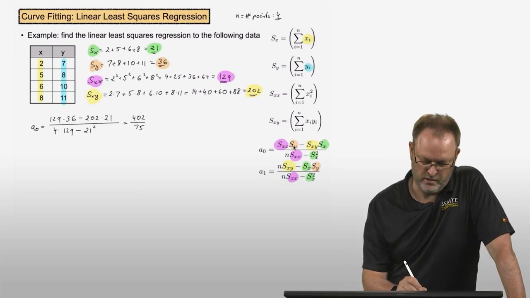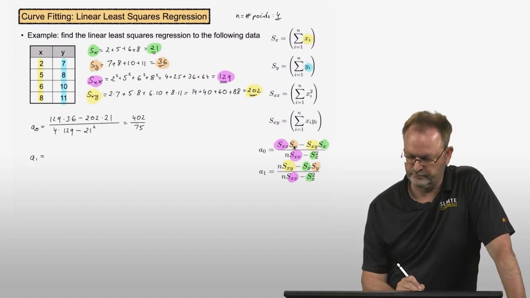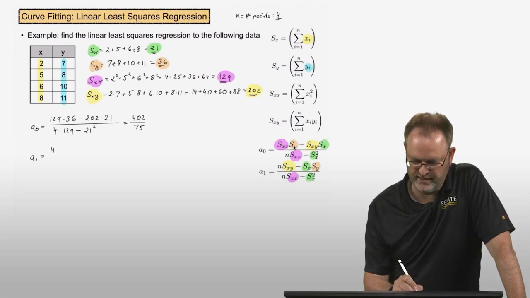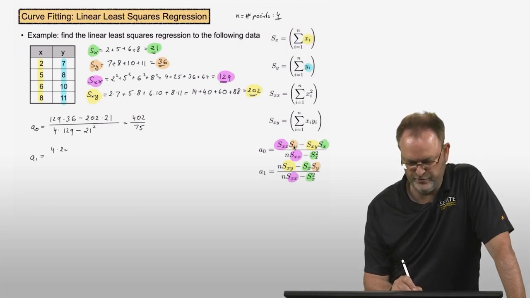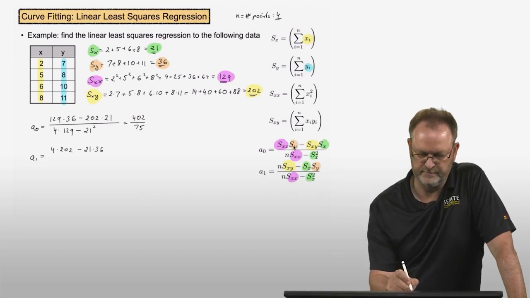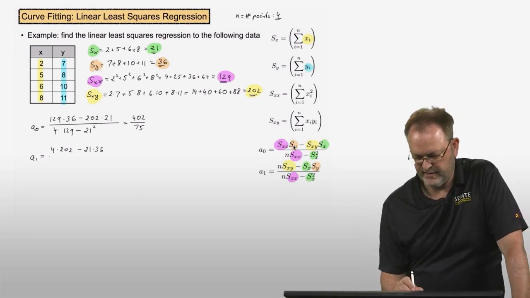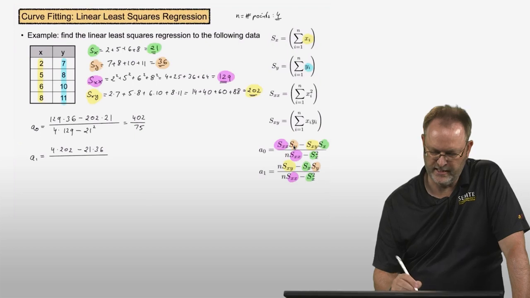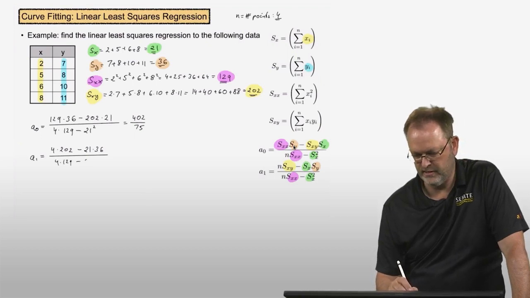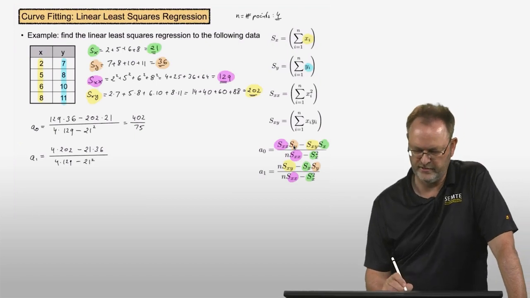Okay, now A1 is equal to n times Sxy, so 4 times Sxy is 202, minus Sx, which is 21, times Sy, which is 36. And then this entire thing is again divided by 4 times 129 minus 21 squared.